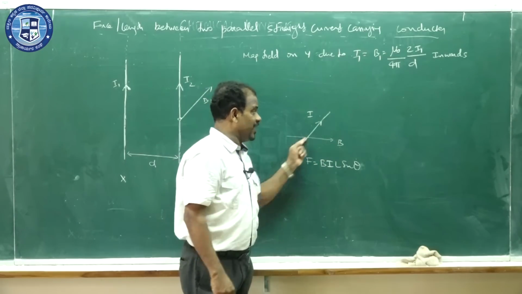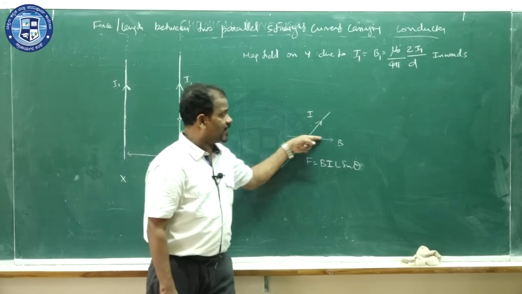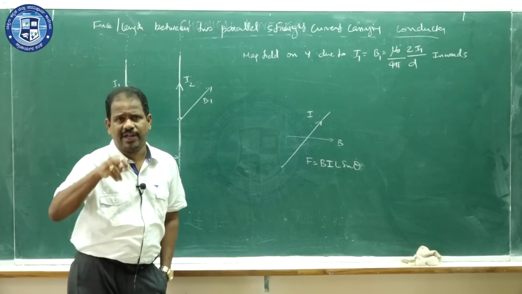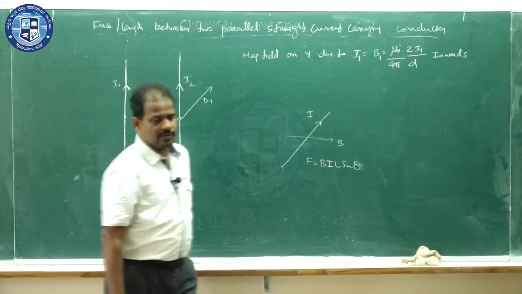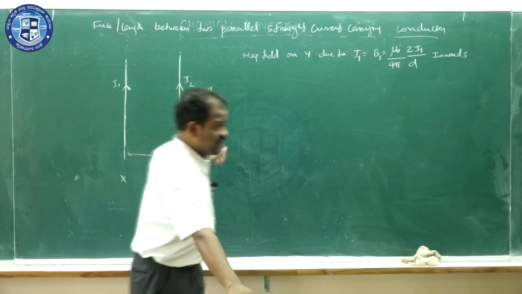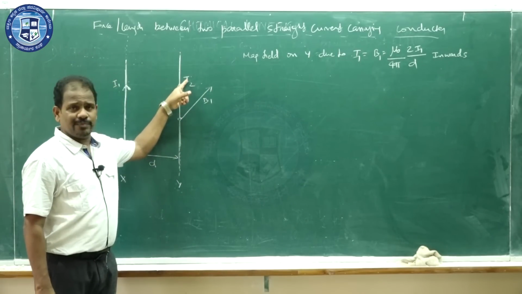What is L? Length of the conductor. And theta is the angle between the magnetic field and the current element. The current element has the same direction as the current.